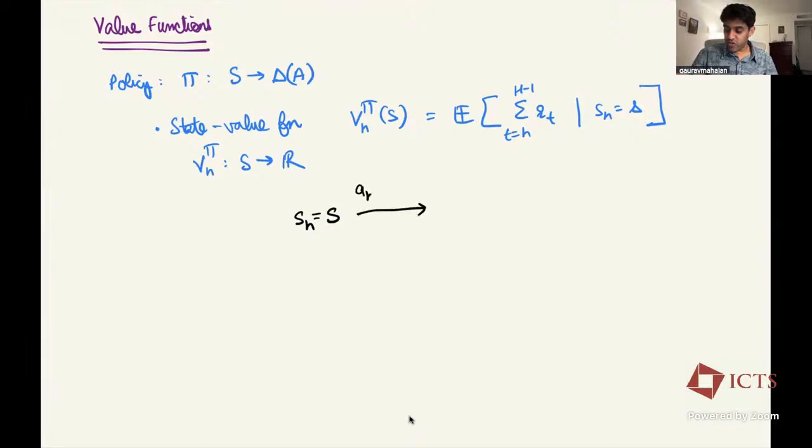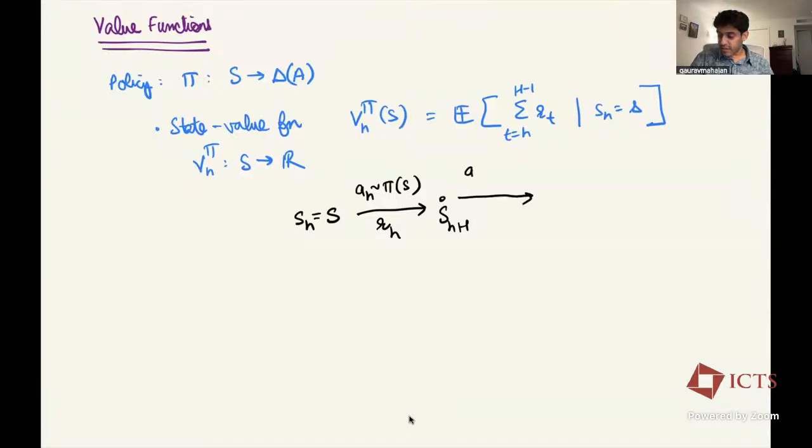Then the agent chooses AH from the policy pi applied to S, and gets a reward RH from the reward function. Then it transitions to SH plus 1 according to the transition function.